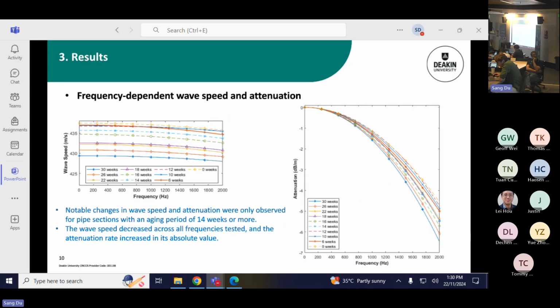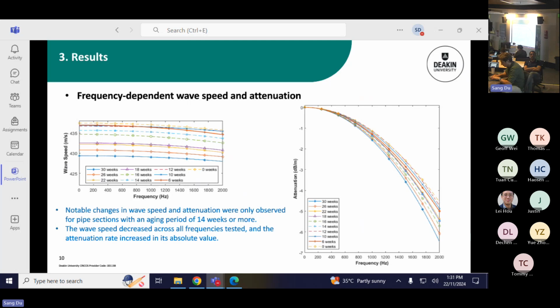And then we had a look at the calibrated frequency-dependent wave speed and attenuation. We can see the wave speed keeps reducing, in general, in terms of the trend, when the oxidation increases. And if you look into more detail, for the first few weeks, up to say 12 weeks or so, the wave speed doesn't really change much.